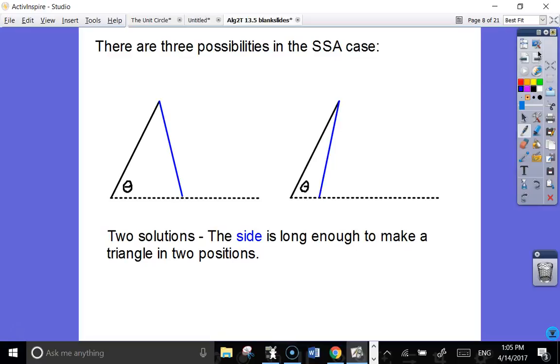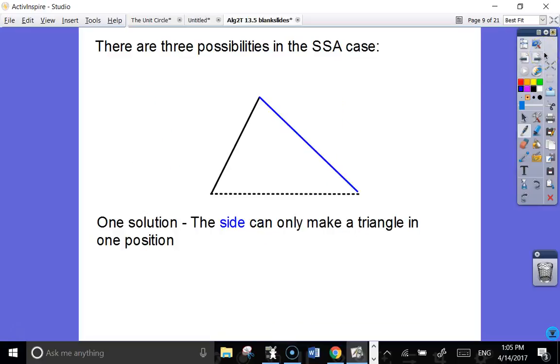Right. Then the last possibility is that actually that second side, it's long enough to reach to the other side of the angle, right? And it's actually longer than this side here. So there's no way you could swing it back over this way and make a triangle into this space, right? Because it's just too long.